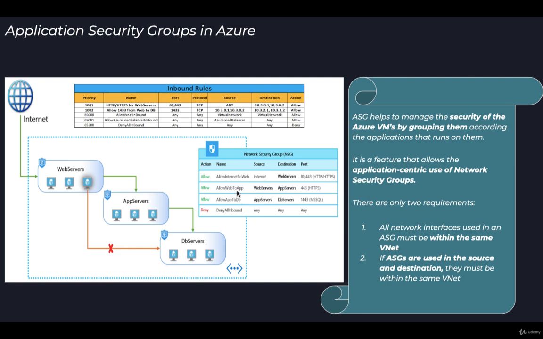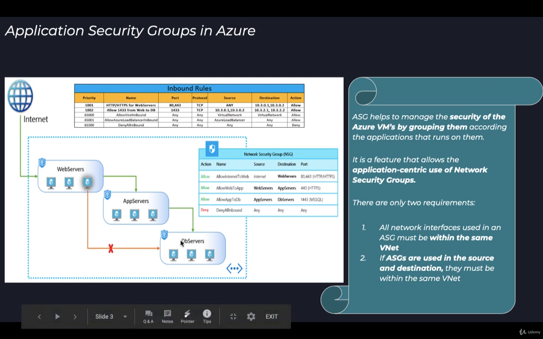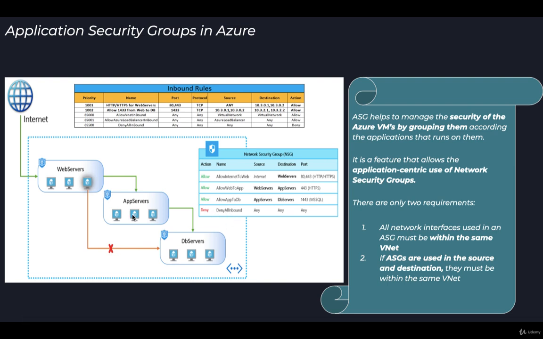Similarly, from web to app, we have mentioned the source as web servers, then the application server and the port. Then app to DB server, similarly, application and DB servers, because we have already grouped them. And now we have denied the traffic from the web server to the database server.